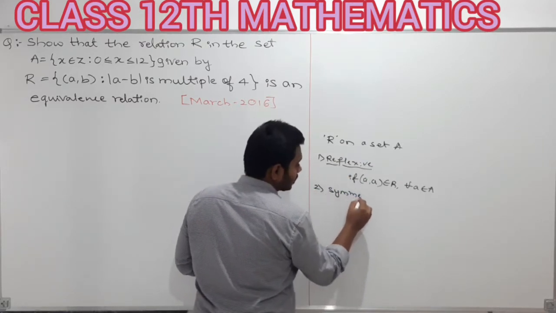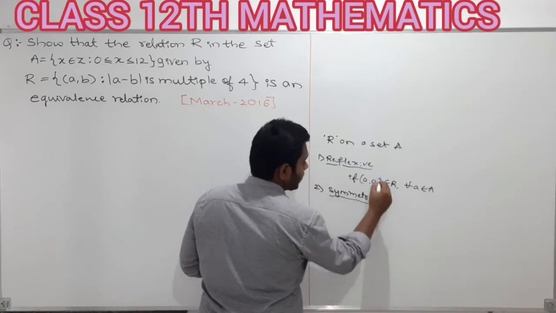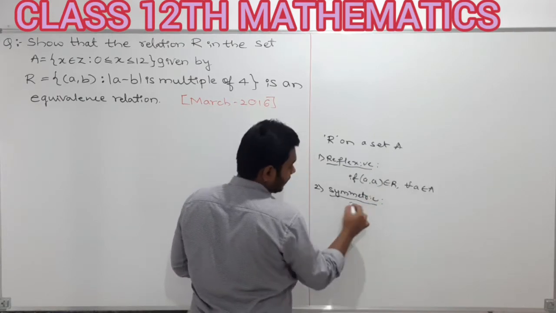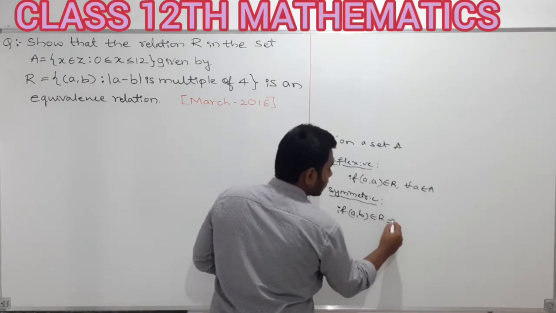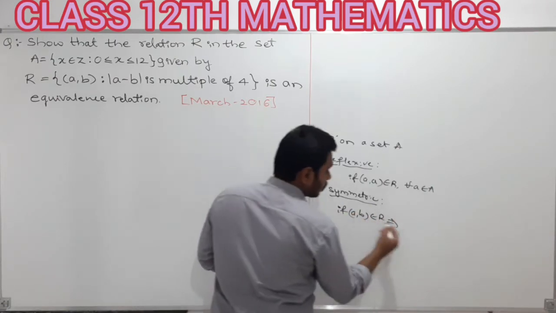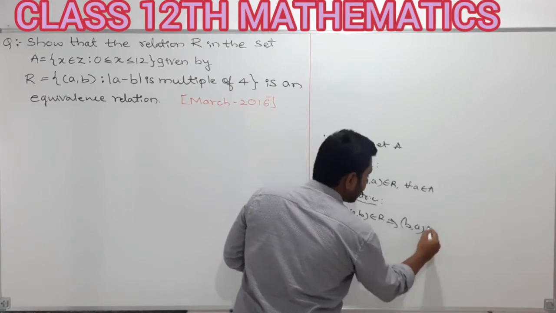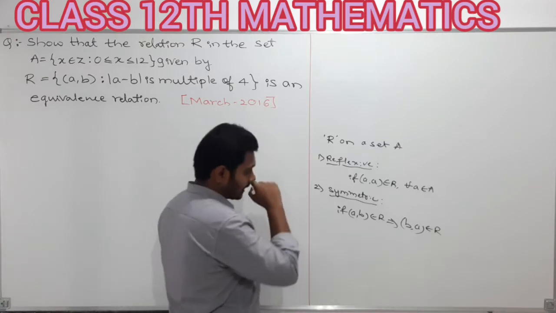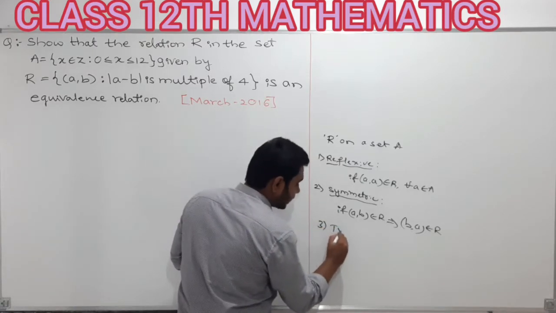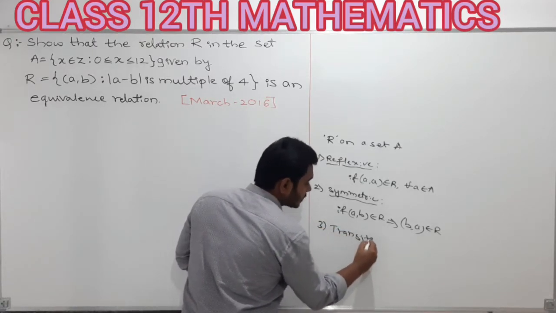A relation R on a set A is said to be symmetric if (a, b) belongs to R, this must imply that the reverse of this, that is (b, a), must be in the relation R. Then such a relation R we can call symmetric. And third one, my dear students, is the transitive relation.